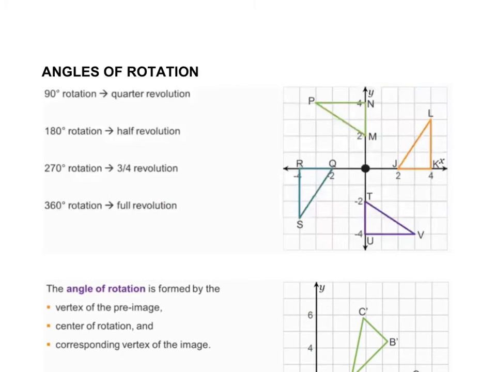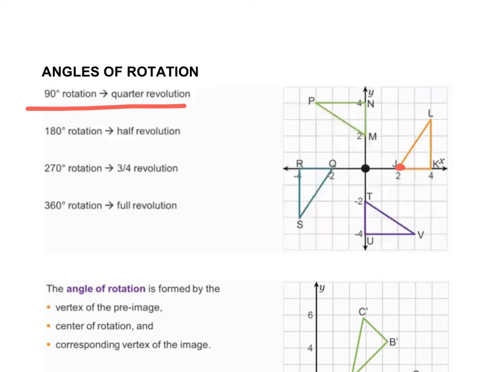So notice that each of these rotations, when I go from one point to the next, gives me that angle measure. So I want to do a 90-degree rotation here. And so I'm just going to look at point L here. That's kind of well, let's not look at point L. Let's look at point J, okay?